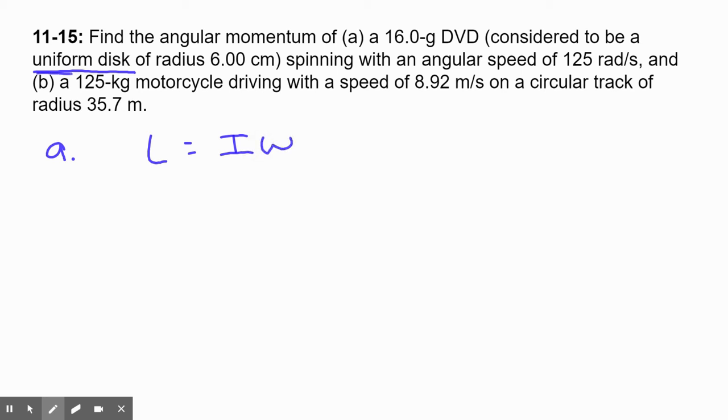Working with a uniform disk, if we refer back to that moment of inertia equation chart, for a uniform disk I is equal to 1/2 mr squared. So let's replace I with 1/2 mr squared.